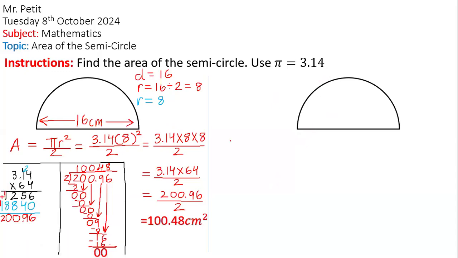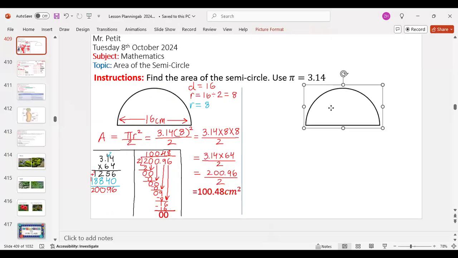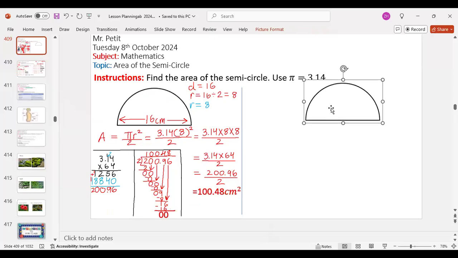Let's do another one. So let's say we have 14. I wonder if I could bring this up, then I could have more space. That's going to cover that.